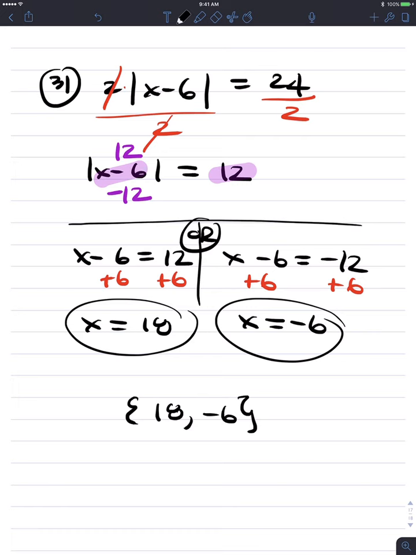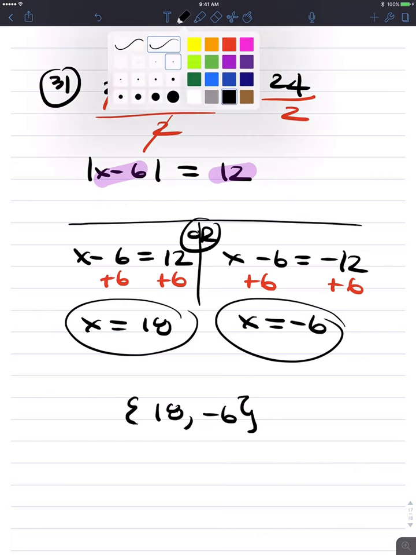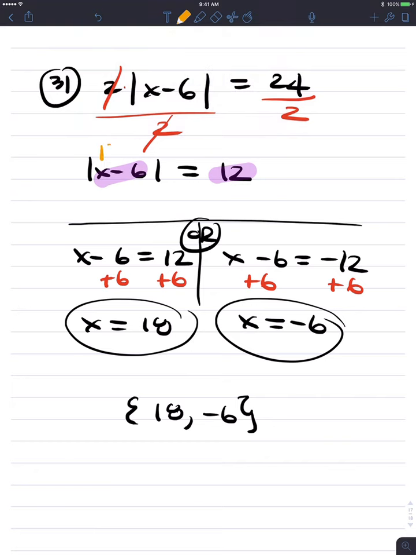Notice something again, just to emphasize the point: in one case x is positive 18, and in the other case x is negative 6. So 18 minus 6 is 12, and negative 6 minus 6 is negative 12. So in absolute value, they're both positive 12. This is what it means to have a solution.